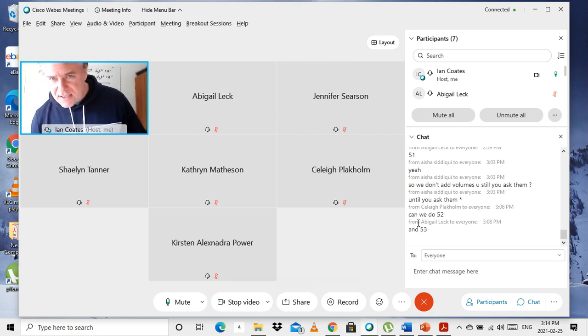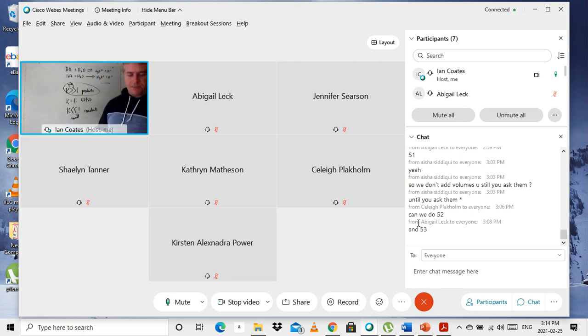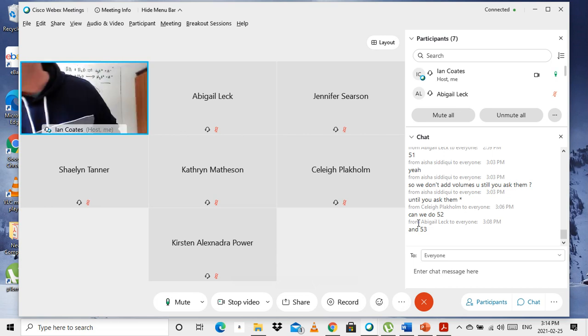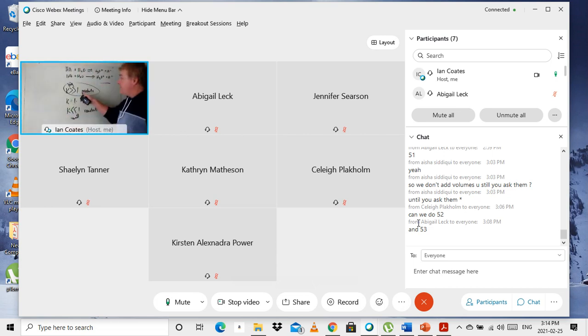53 is basically the same. Solubility. This is something that we haven't talked about yet. For all Ks, Ka, Kb, Ksp, this all follows suit. The biggest will be over here. Small Ks will be over here.